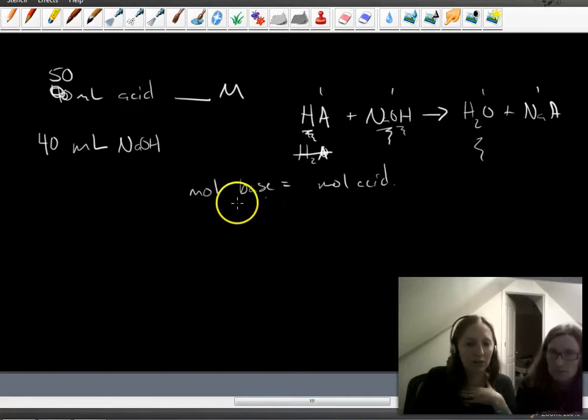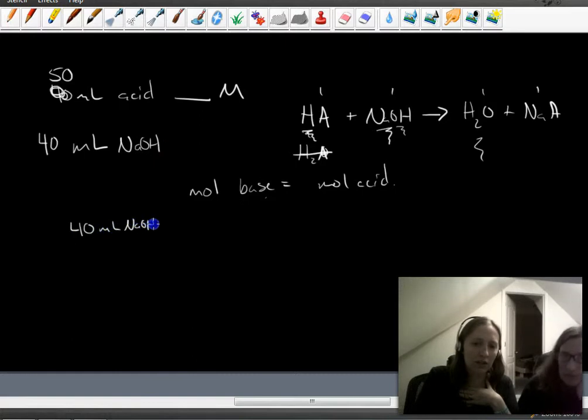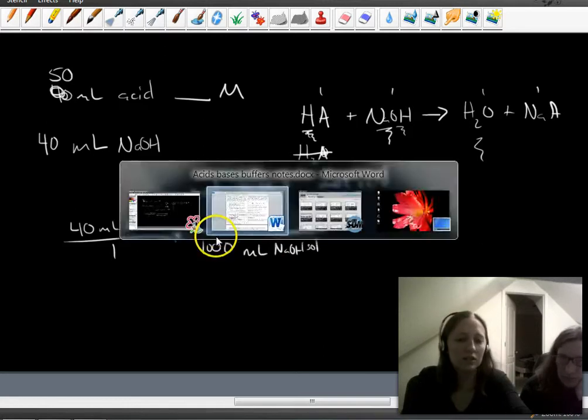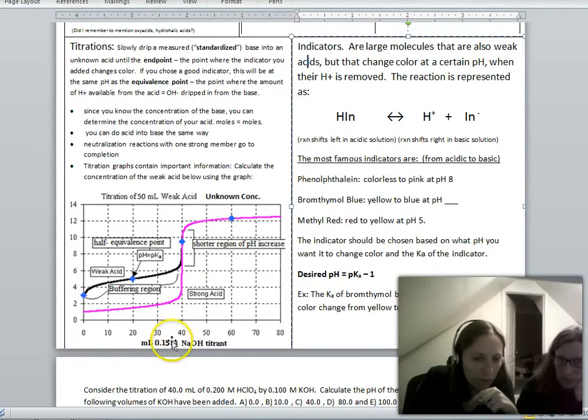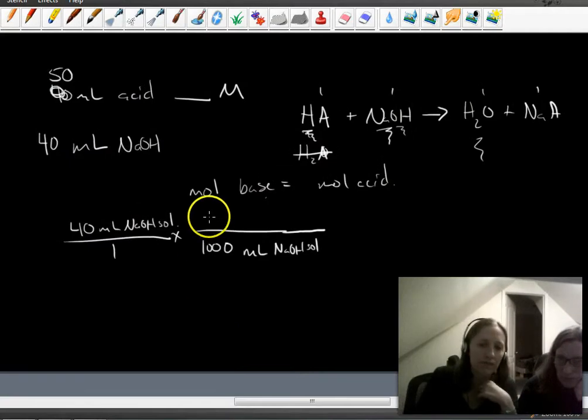So what we need to figure out is our moles of base. We have 40 milliliters of NaOH, and that's 40 mLs of sodium hydroxide solution over 1, and that's 1,000 milliliters of sodium hydroxide solution. We know the concentration of this because it is listed here. How many moles are in 1,000 milliliters? 0.15.